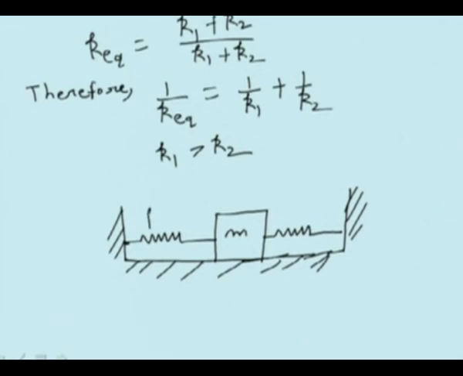Now here this is k1, this is k2. How should I solve this problem? Now this is the x position from here.